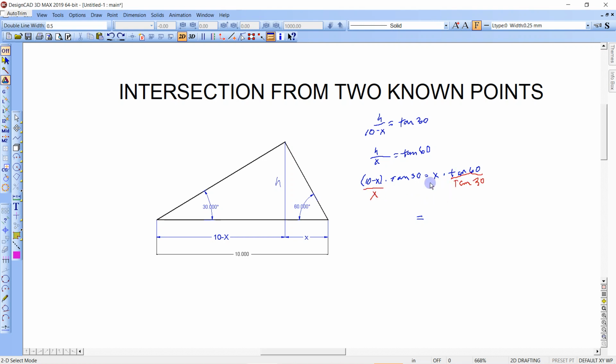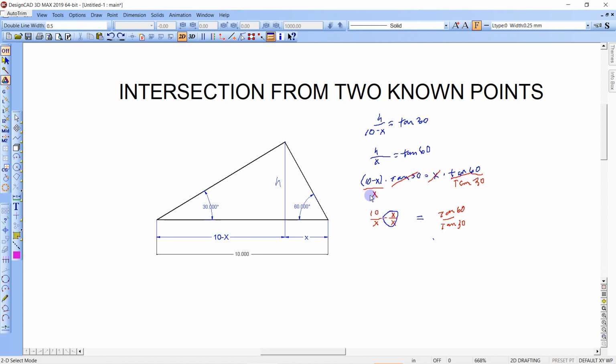So now what we're going to do is get the x's on one side, cancel, cancel, cancel, and you end up with this. The x comes over here, so you've got 10 minus x over x, and over here you have tangent of 60 over tangent of 30.